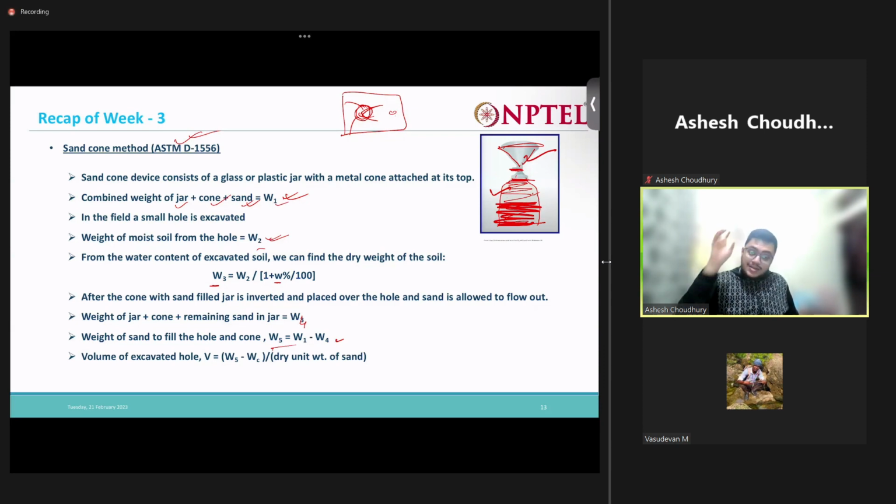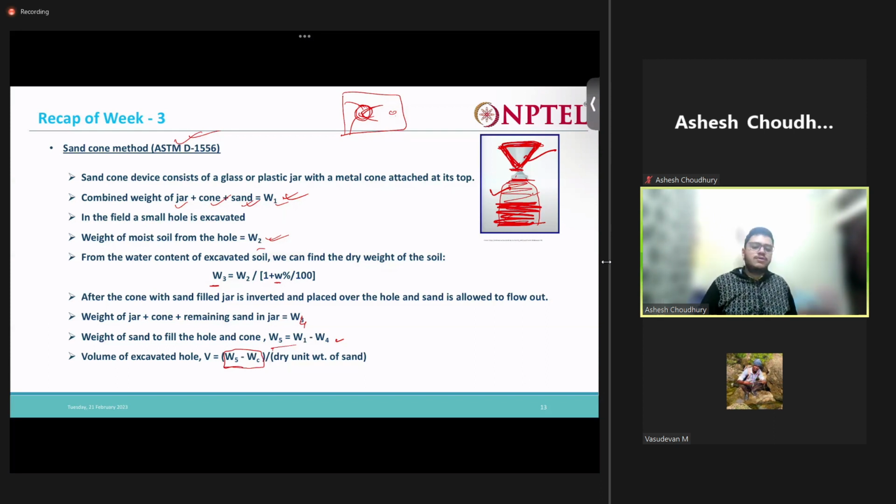Now from that W5, we deduct the weight of the sand that only fills the cone, which the cone can hold a certain amount of. So the weight obtained is W5 minus W6.